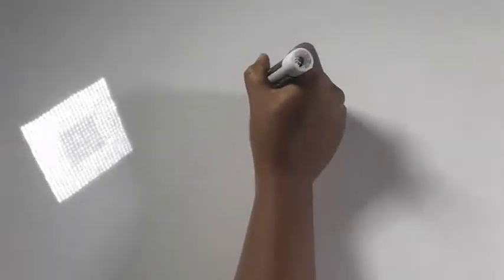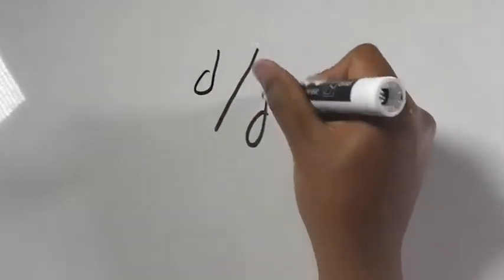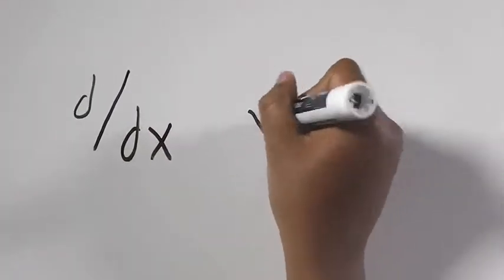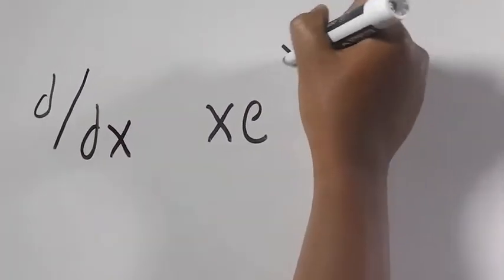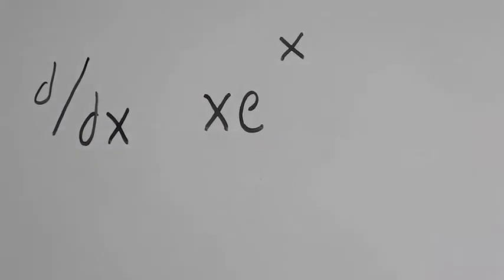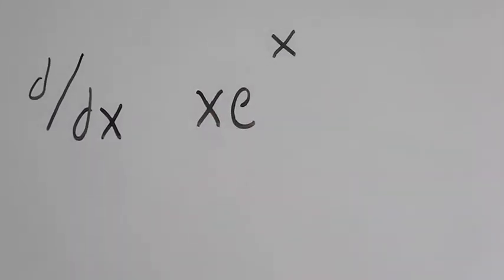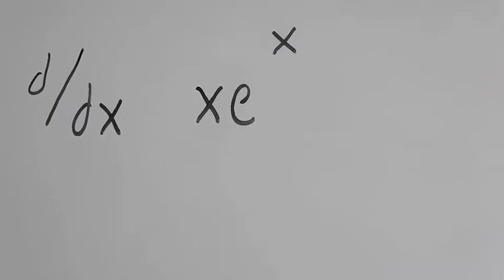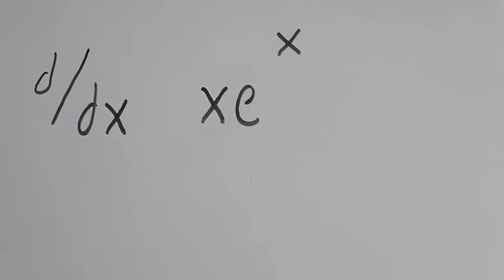Say if we want to find the derivative of x e to the x, we have to notice that these are two functions being multiplied with each other. So we have to use the product rule.